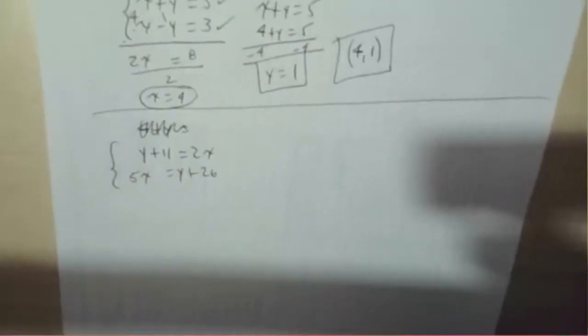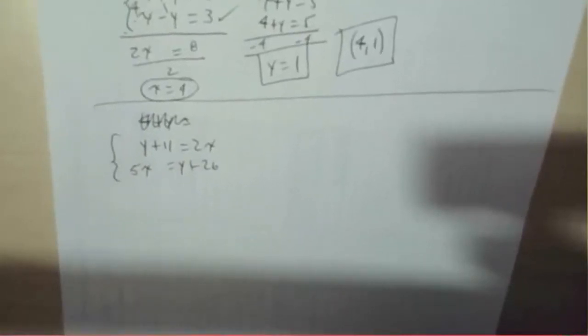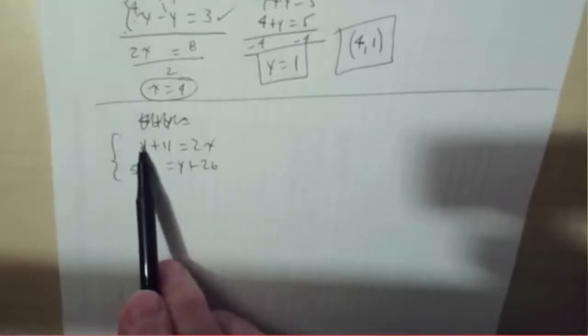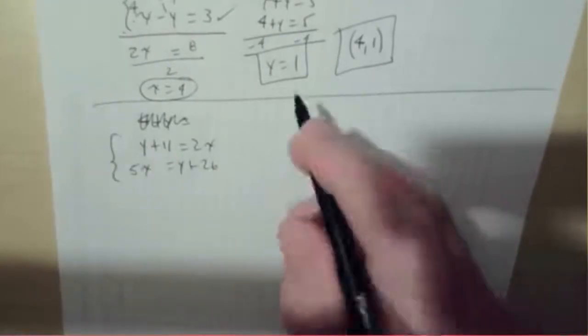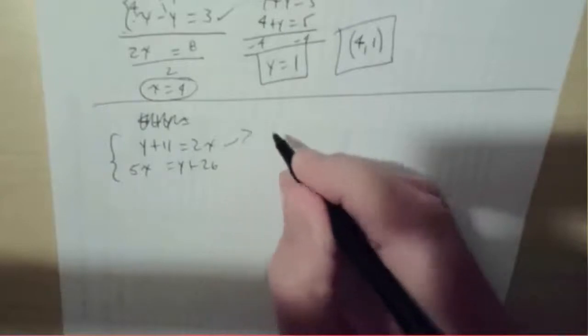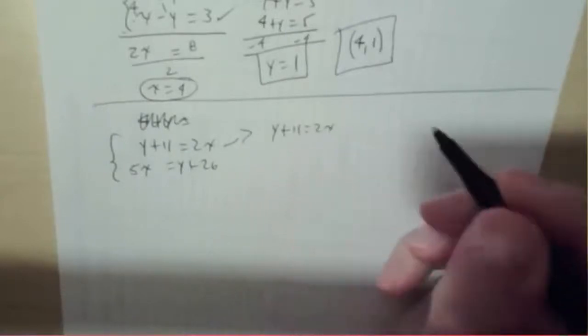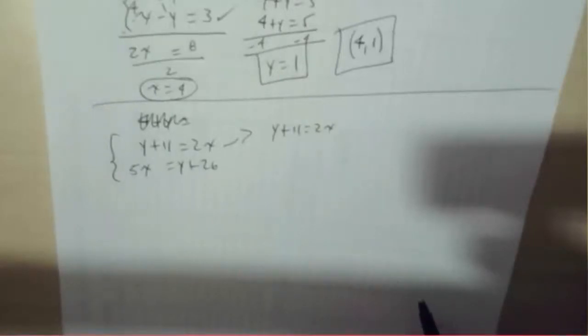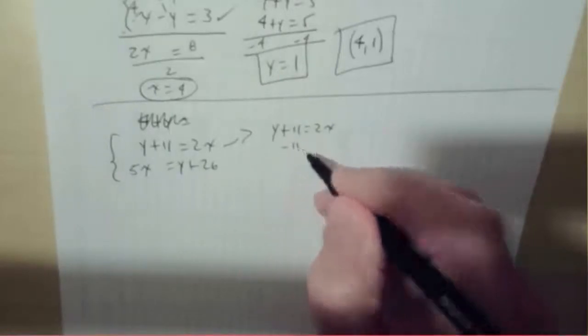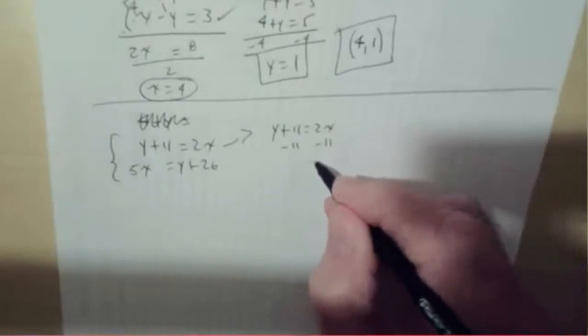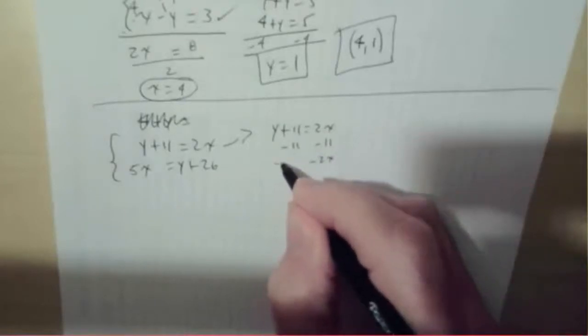Now remember, we want to write this in standard form. So we want all the x's and the y's on this side and the numbers over here. So let me rewrite this one over here, where y plus 11 equals 2x. Now I'm going to do two steps at once here. I'm going to subtract 11 from each side, and at the same time, we're going to subtract 2x from each side.